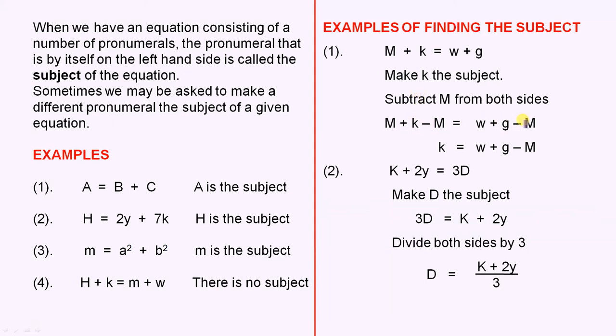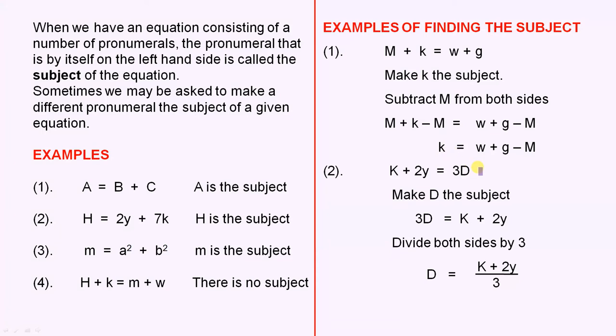So here is the working on that line. Since the m's cancel, we have k by itself, and on that side we have w plus g minus m. So k equals w plus g minus m represents an equation where k is the subject of the equation, because k is by itself on the left-hand side.